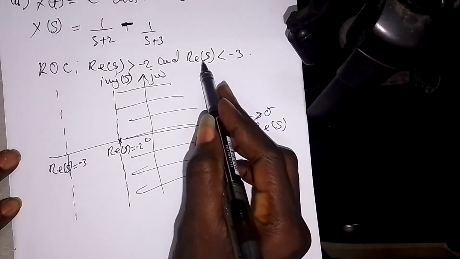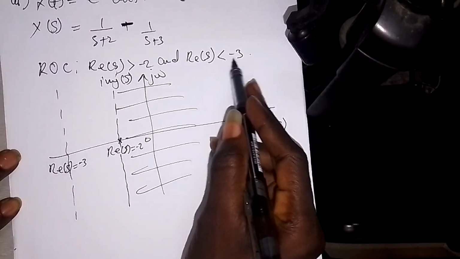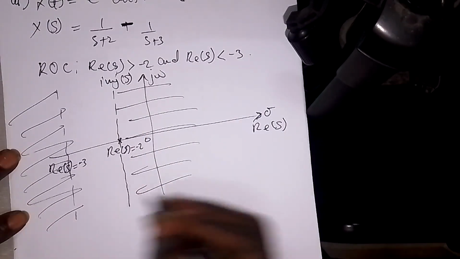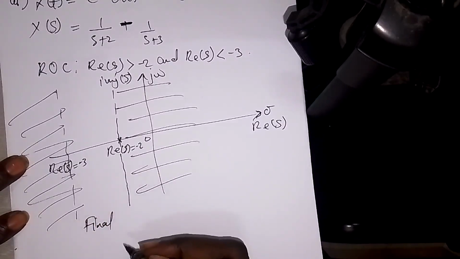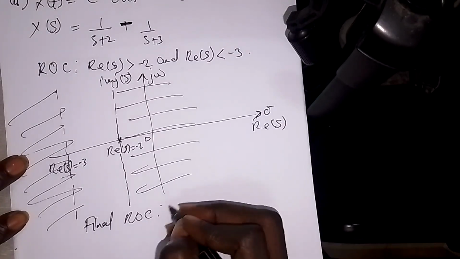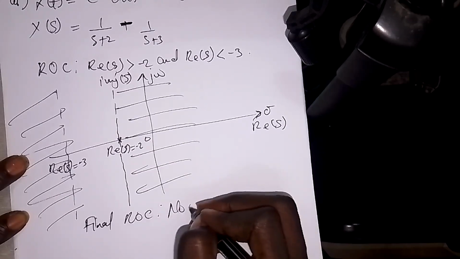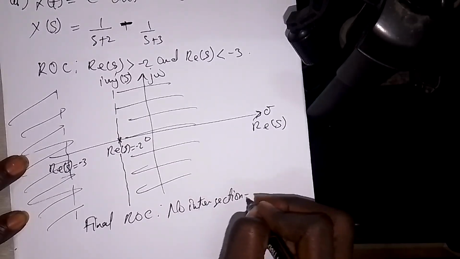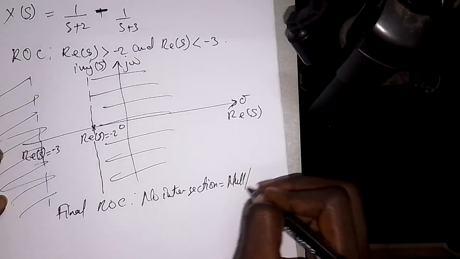And then this one, RE of s is less than minus 3. In that case, it will go here. So our final ROC is no intersection, which is equal to null, or the empty set.